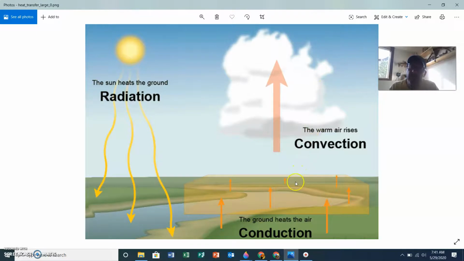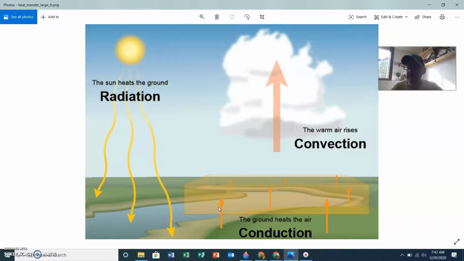But when warm air rises and cold air comes in to replace it, that cold air coming in to replace it is wind. So the larger and warmer the collection of air that rises up from the Earth's surface, cold air comes in to replace it. When that cold air comes in to replace it, that creates wind. And that just furthers the energy transfer.